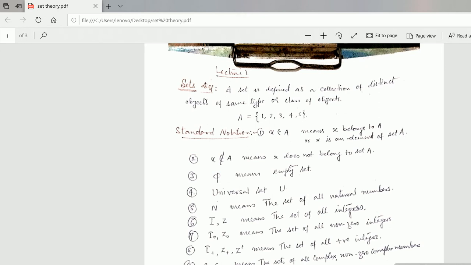A set is usually denoted by capital letters and its members by small letters. Now we will see the standard notation.